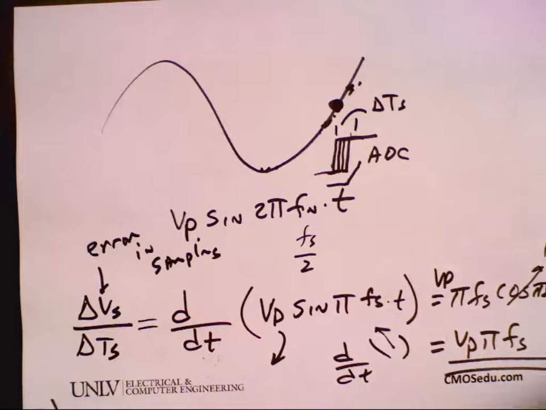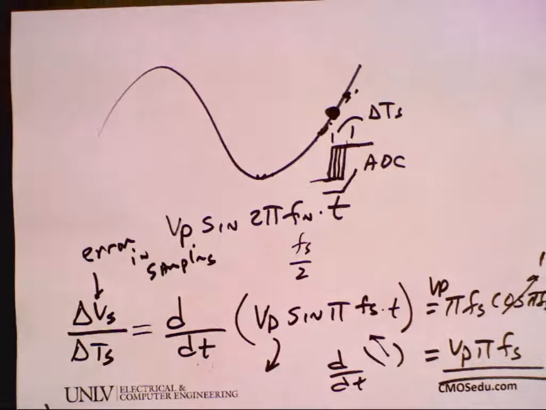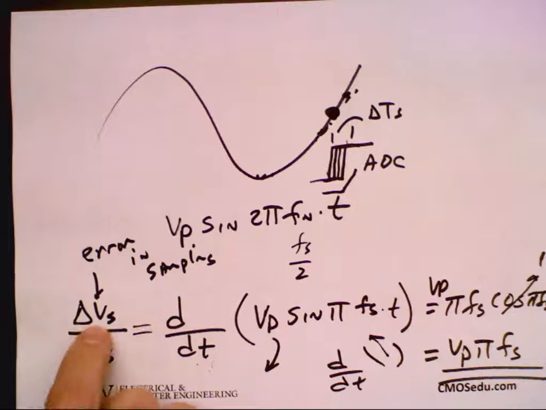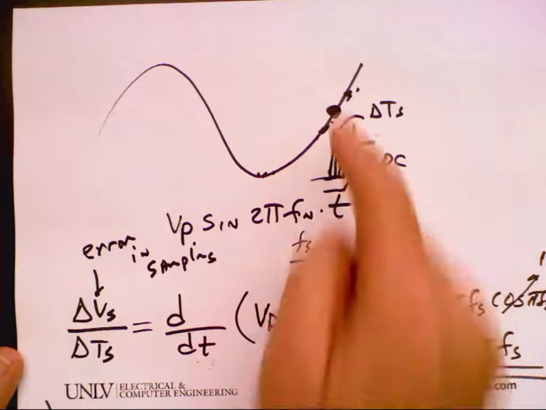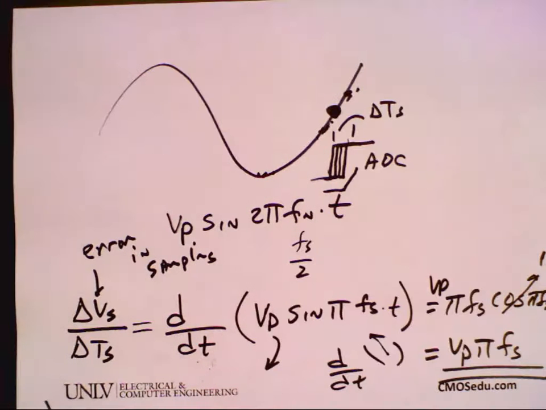What I'm trying to say is, if I have a clock and it's moving by, let's say, 1 picosecond, not very much, how does that influence the sampling error? If you have a 10-bit data converter, you might have a millivolt or less resolution, so 1 picosecond in a fast-moving signal could be a lot. So we want to quantify that.